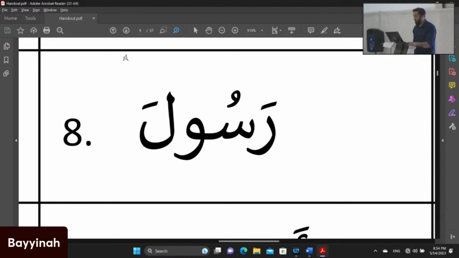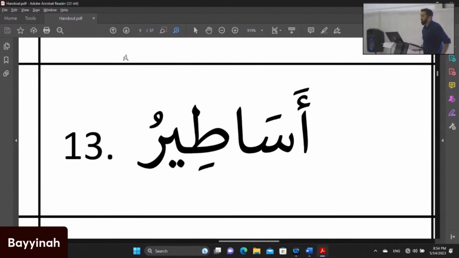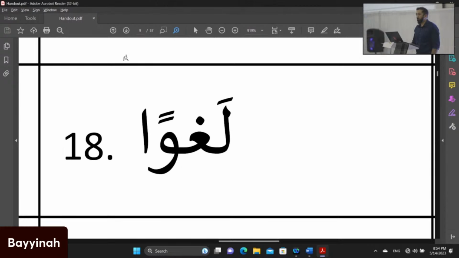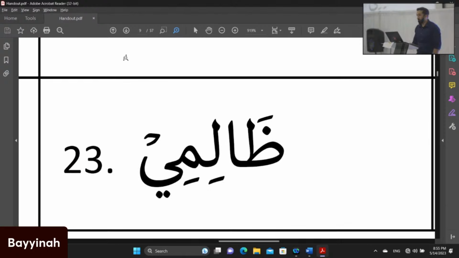Good. Rasulan. Nice. Asatiru. Heavy version would have been? Asatirun. Yes. Laghwan. Heavy. Light version? Would it be written differently? What would be different? There wouldn't be any alif. Laghwan would be laghwa.